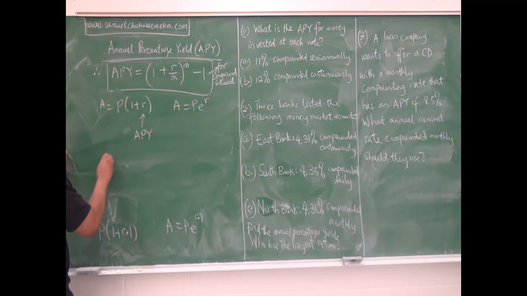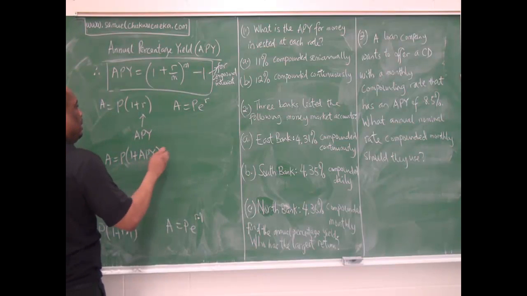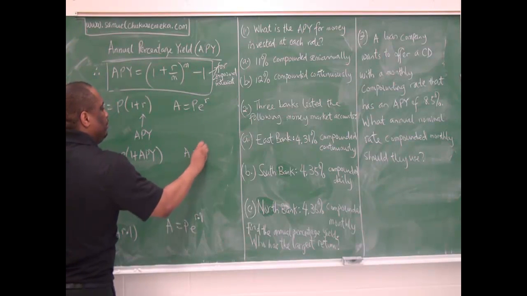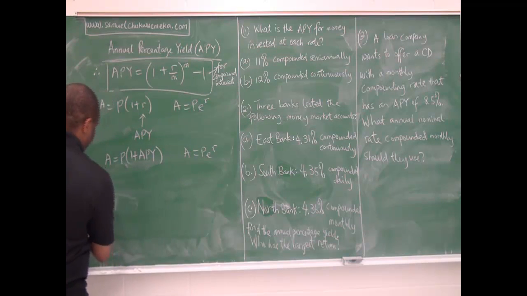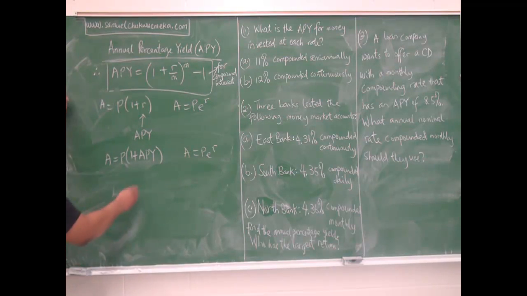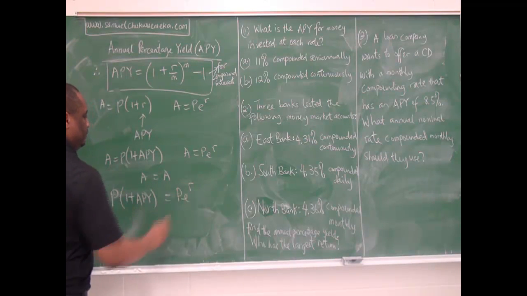So A equal to P(1 + APY), and A equal to P e^R. Now your A is equal to A. So you have P(1 + APY) equal to P e^R.